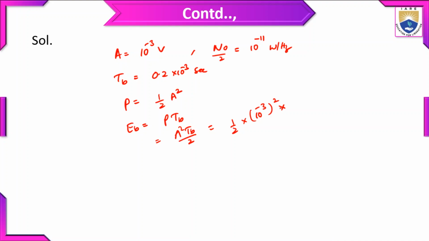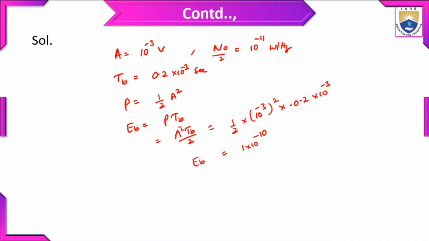The duration is given as 0.2 into 10 power minus 3, again it is millisecond. So solving all this you get 1 into 10 power minus 10. This is EB, energy per bit.